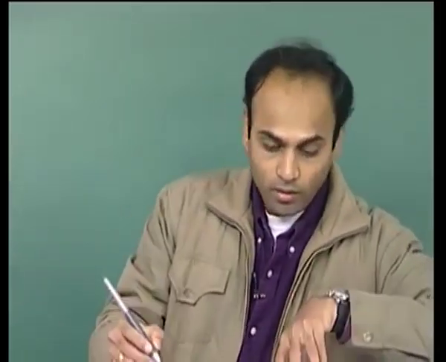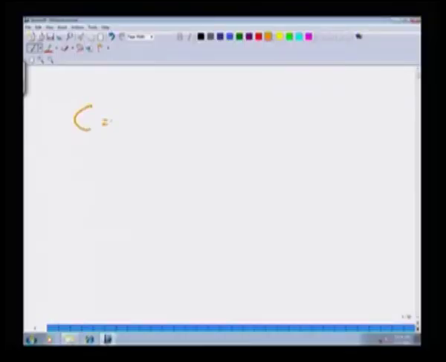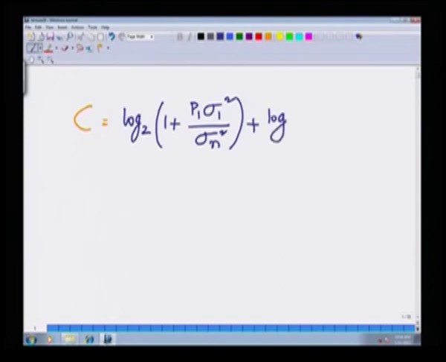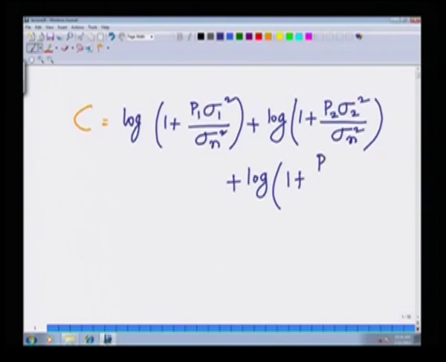So, the capacity can be represented as log 2, there are 3 channels, 1 plus P1 sigma 1 squared divided by sigma n squared, plus log, I will drop the base 2 here because it is obvious from the context, 1 plus P2 sigma 2 squared divided by sigma n squared, plus log 1 plus P3 sigma 3 squared divided by sigma n squared.